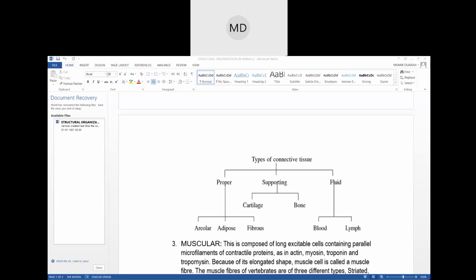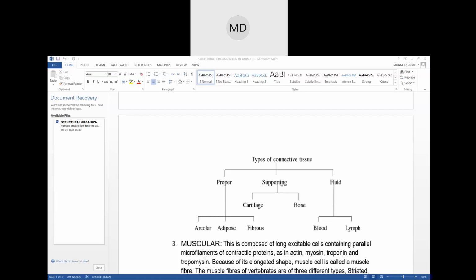So connective tissue is of three types. One is proper, one is supporting, and one is fluid. Proper is again of three types: areolar, adipose, and fibrous.